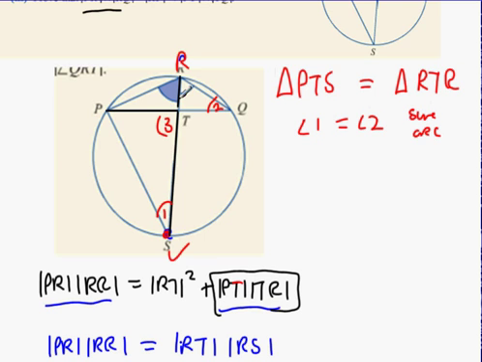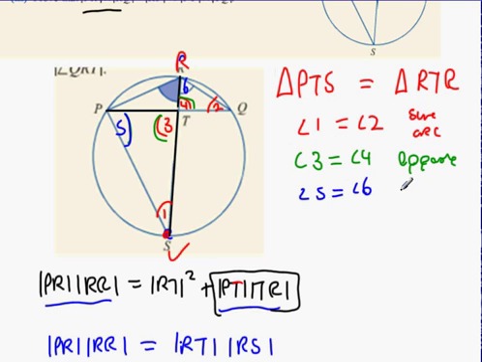Angle 3 equals angle 4, put in green. Angle 3 equals angle 4, opposite. Therefore, blue, angle 5 will equal angle 6. And reason being for that, must add to 180 degrees.